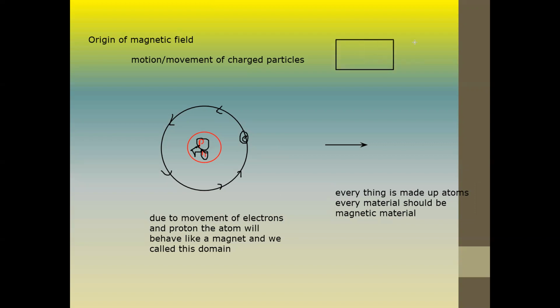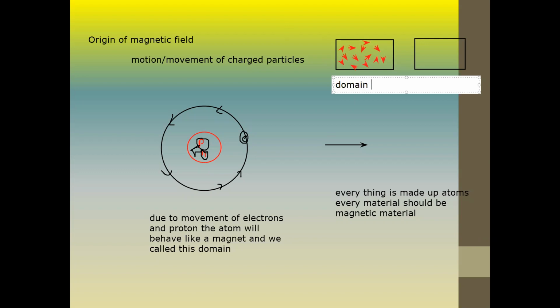For example, you have two materials, both consist of atoms because every material is made up of atoms, and inside this material, because it is made up of atoms, there will be domains or small magnets. But if a material has these domains and these domains are random, not arranged, so the atoms are not arranged in terms of magnetic field, we call that a non-magnetic material.